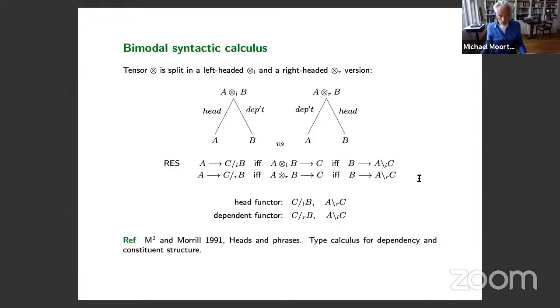Then, if you play the residuation game, you have the two residuals for each of these products, of these tensors. And you can now make a distinction between functors which are heads, which would be the C over B for the left-headed product, versus A under C for the right-headed product, and similarly functors which are dependents, which are non-heads, which is the remaining two of the four.